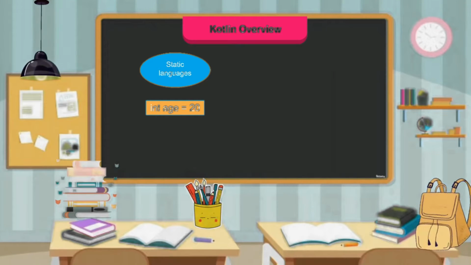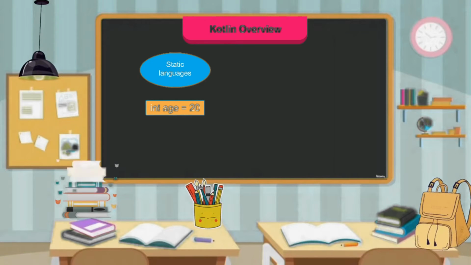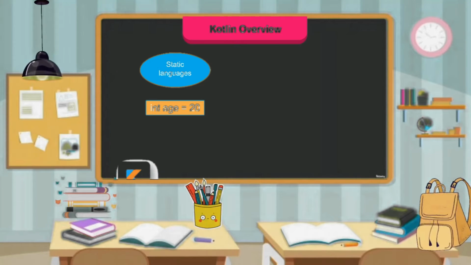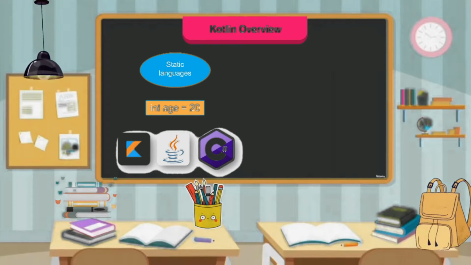Therefore, variable types are known even when the program isn't running yet. So all this means that while the program isn't running yet, if you've made a mistake, it'll warn you and wait for you to correct the mistake. Languages such as Kotlin, Java, C# can be given as examples of static programming languages.